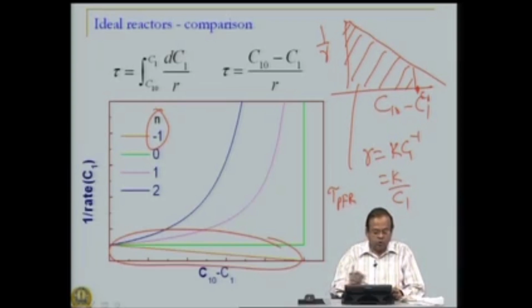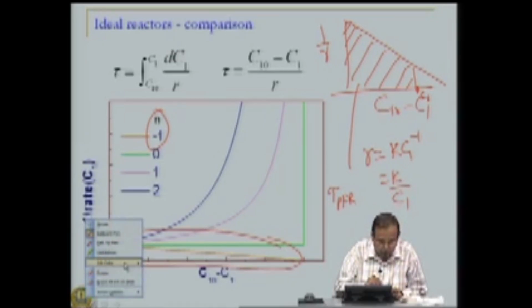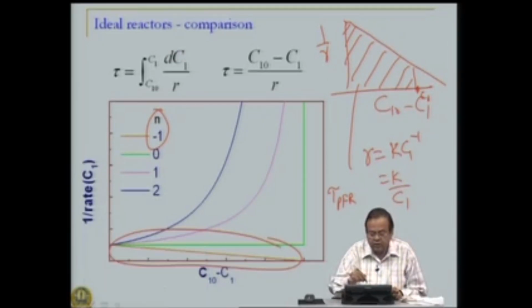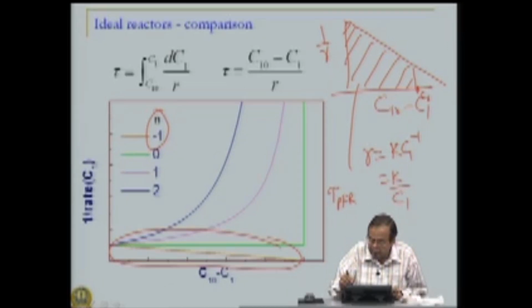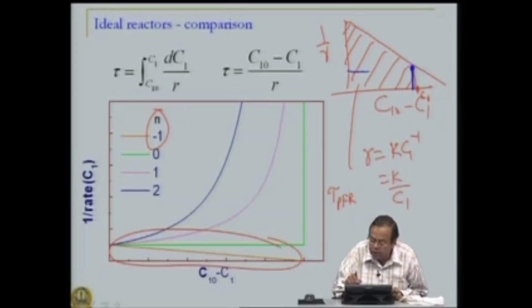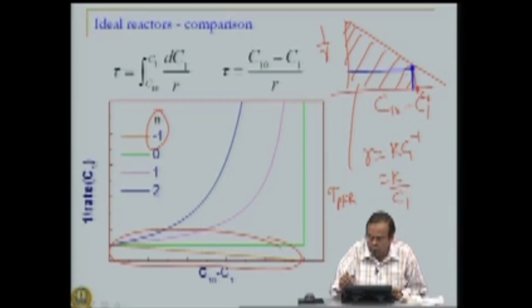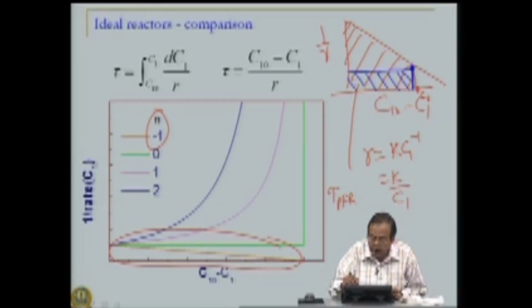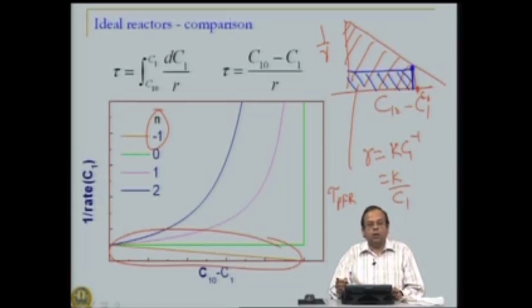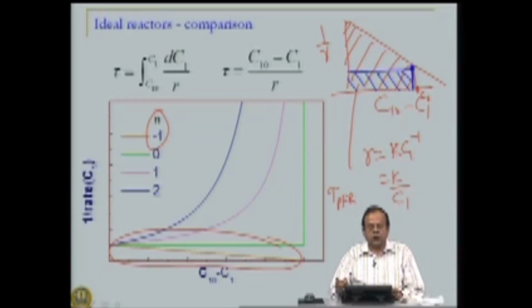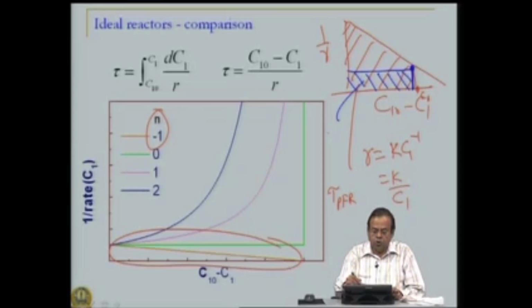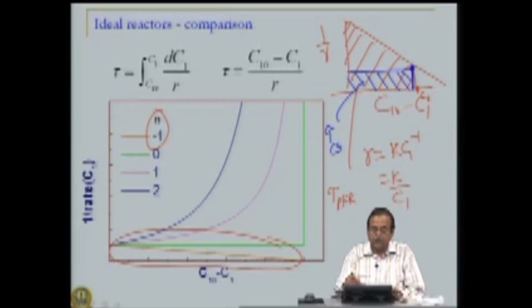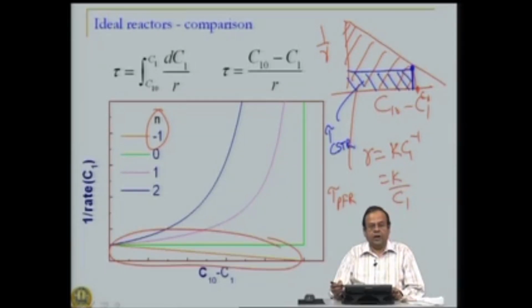Now, what about stirred tank reactor? For stirred tank reactor, it is the area of the rectangle, but which rectangle now? This is 1 over R at C1 multiplied by C10 minus C1. So, the area of this rectangle shown in the blue line is the residence time in a stirred tank reactor.